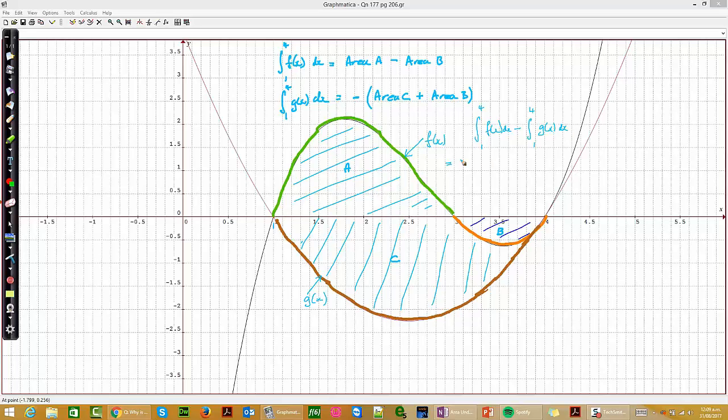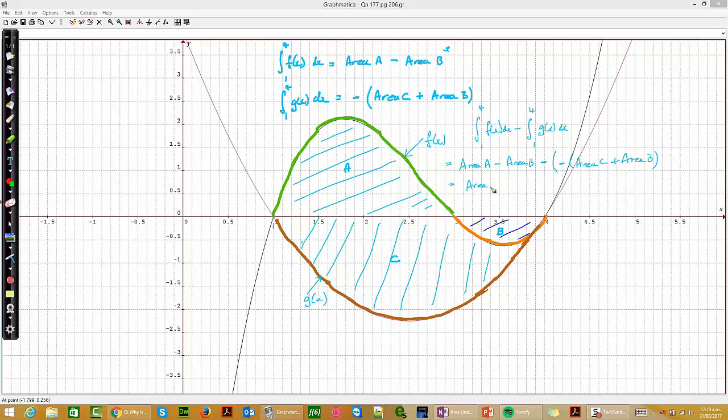What that would be is area A minus area B. That's this result up here. Now we're minusing this negative thing here, so minus the negative area C plus area B. Let's see what that turns out to be.